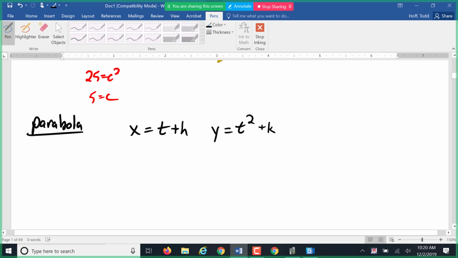Looking at the equation for a line. Well, let's take a parametric equation of the form.